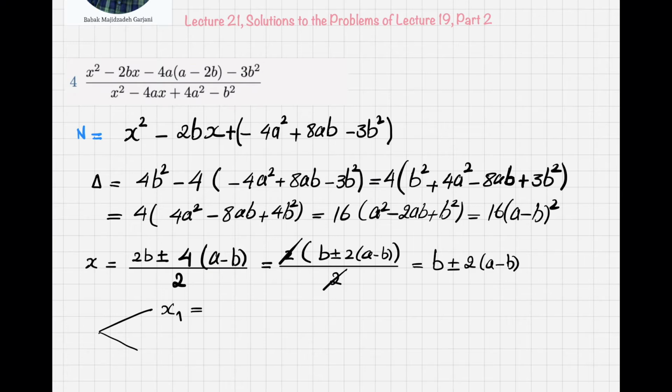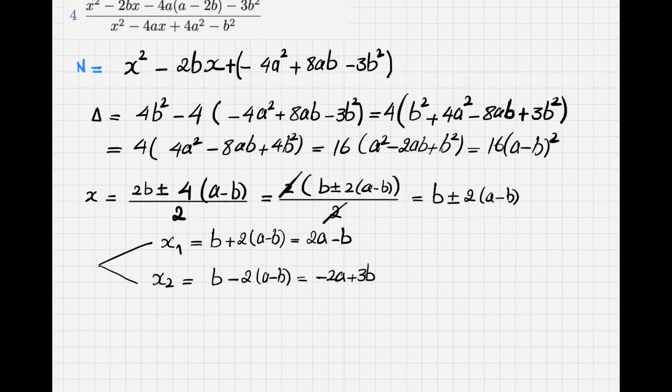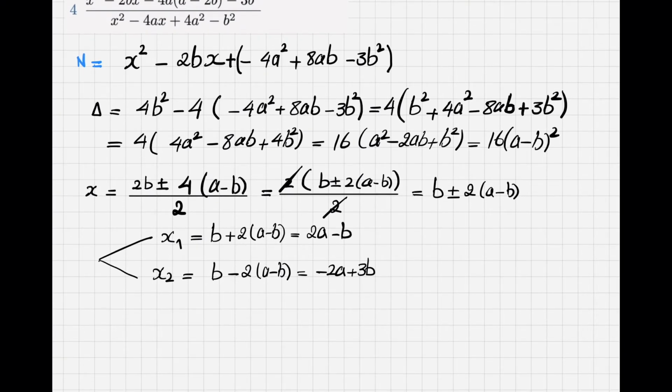I will first consider the positive one, so then it becomes 2a minus 2b plus b, which becomes minus b, and x2 becomes b minus 2a minus b, so the answer becomes minus 2a plus 3b. And then it means that the numerator can be factorized in this form. So the numerator is equal a, which is this number, so I don't need to write it here.